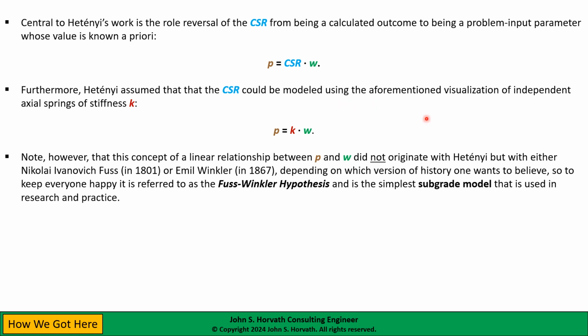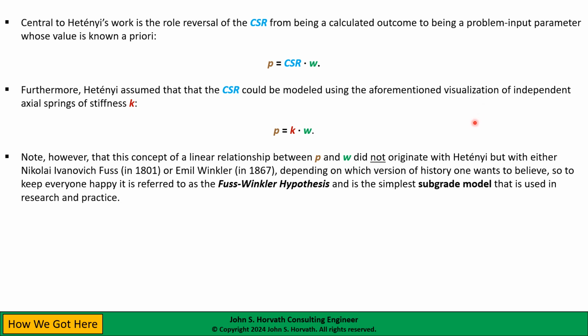We should note that although Hetenyi did this in his 1946 publication, this was not a new idea. This linear relationship between subgrade reaction stress P and settlement W did not originate with Hetenyi, but originated either with Fuss in 1801 or Winkler in 1867, depending on whether you want to believe in the Russian or German version of history.